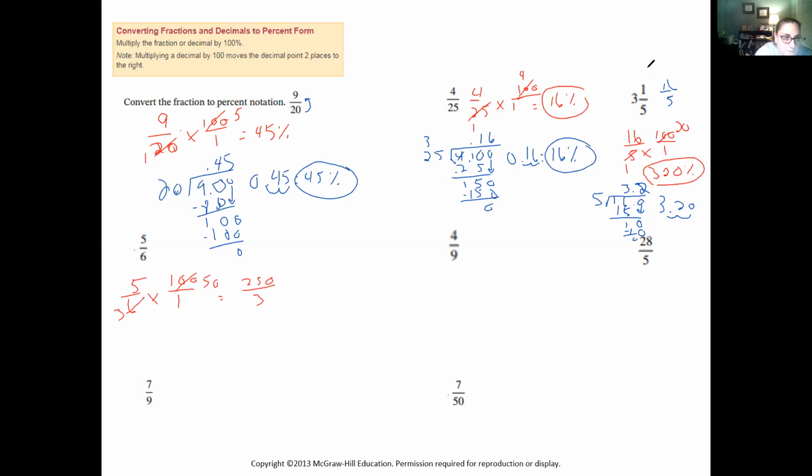So 250 over 3. So this would be 83.3 repeating percent.